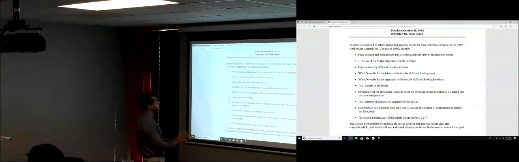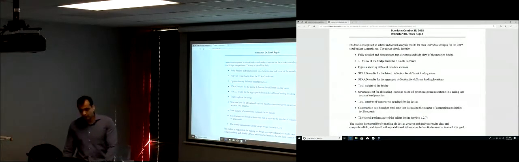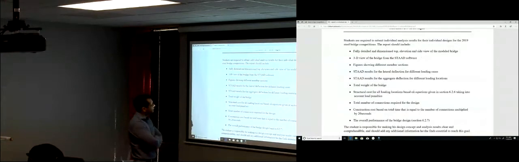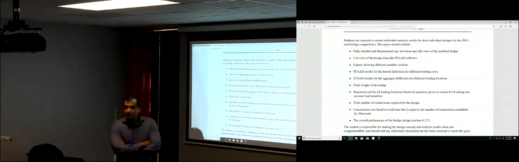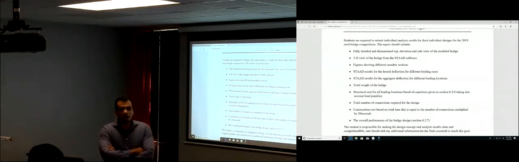It was so detailed, you just didn't follow it. You were required to draw a fully detailed and dimensioned top, elevation, and side view. I needed to see dimensions in the 3 views to make sure that your design adheres to the rules.